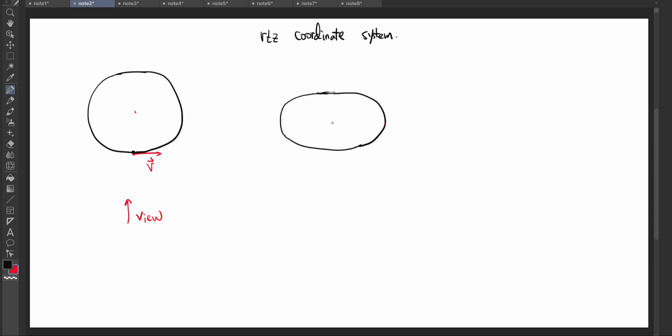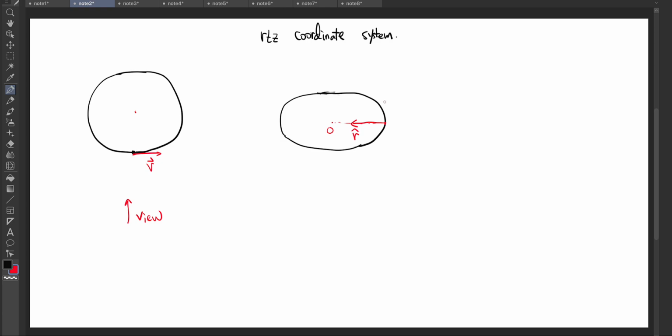So here's the center of the circular motion, and then the object is here. Now the R direction refers to this radial direction. And I'm going to use a unit vector called R hat to represent this radial direction. Now the object is moving right now, and its velocity is along this tangential direction.